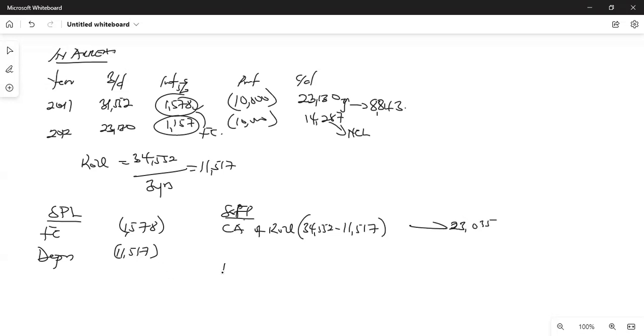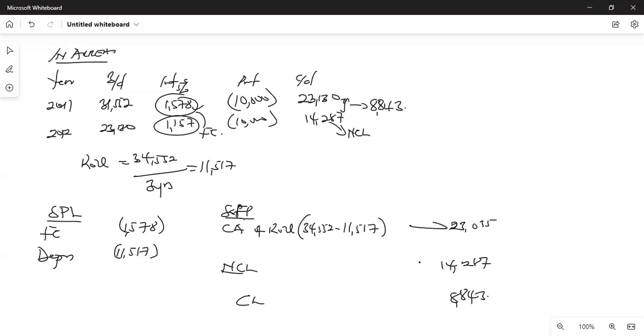On the part of our NCL, we know the figures that we are picking, so we just need to pick 14,287. And in terms of our CL, what we are looking for is the difference which we had, and it is 8,843. So this is how a lease works.